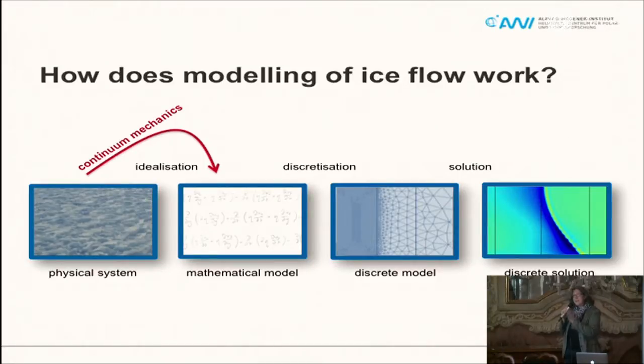We are in the intermediate part. We want to describe the deformation, the change in the shape of the material, because that is what happens if you have a glacier that is flowing and moving. It is deforming, and this deformation is described in our case by creep, because the material ice is creeping.